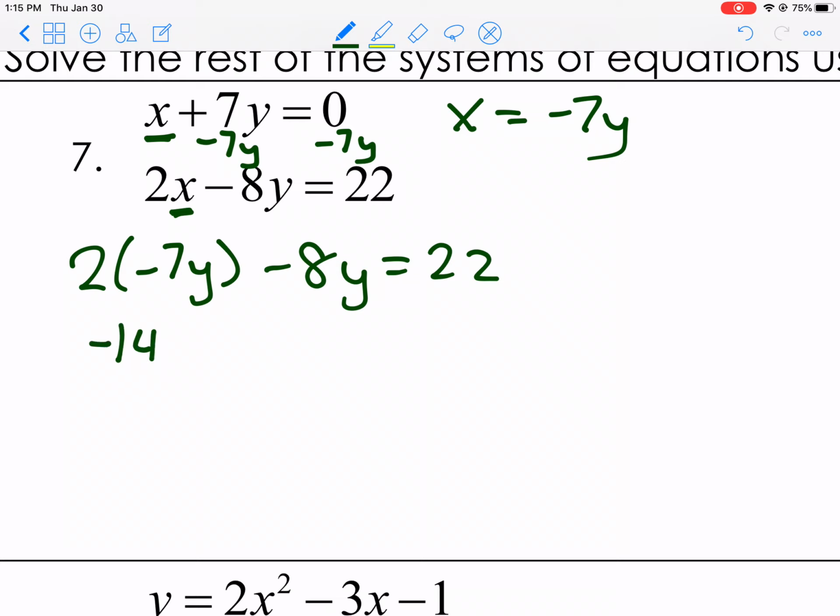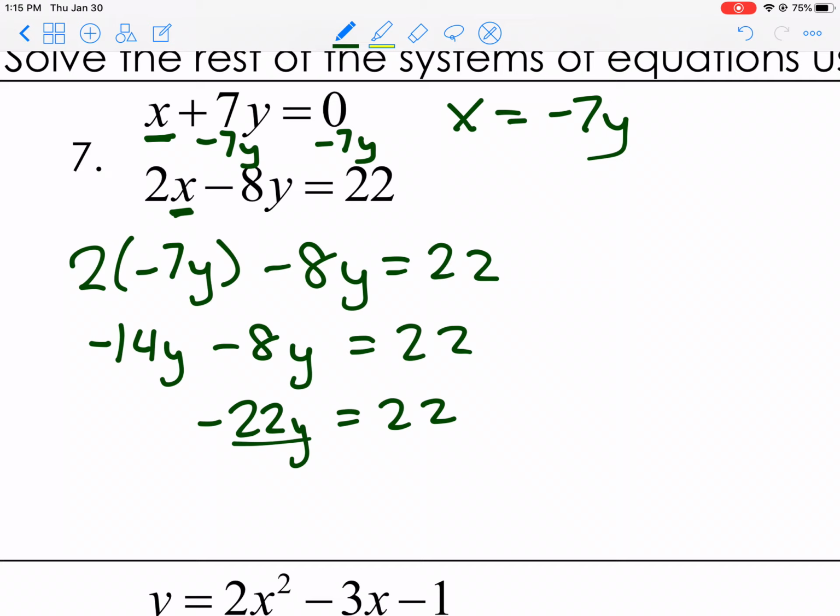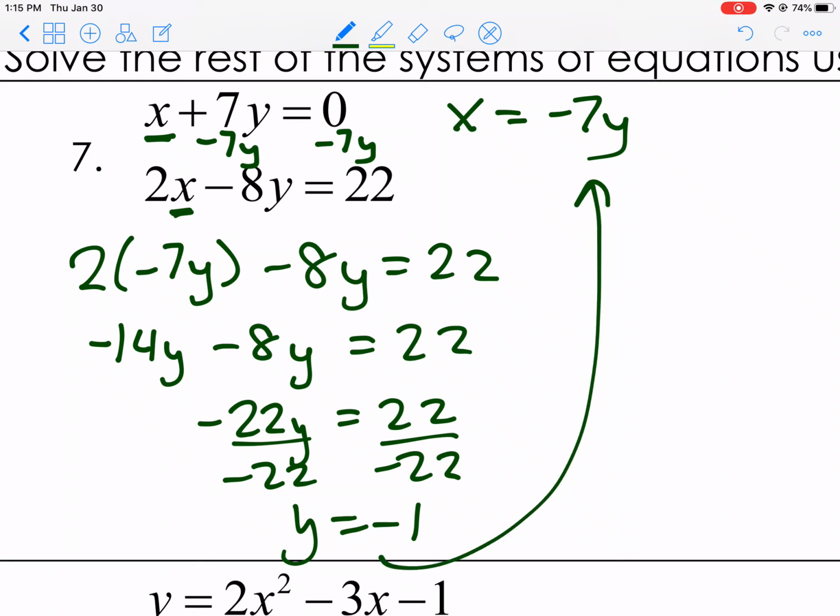This would be -14y minus 8y equals 22. Combine like terms. And we'd get y equals -1. I'm going to substitute it in right there. So -7 times -1, we would get x equals 7.